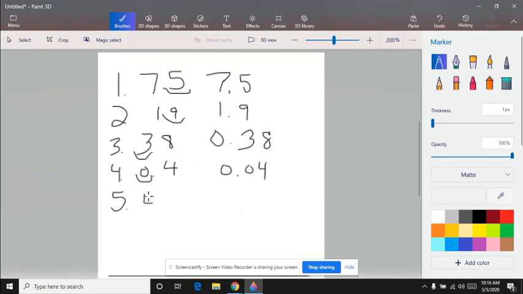So here's 40. 10% of 40, I move one space to the left. So 10% is 4. What's double of 4? It's 8. So 20% of 40 is 8.